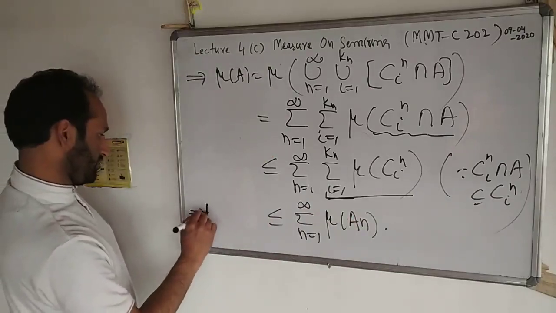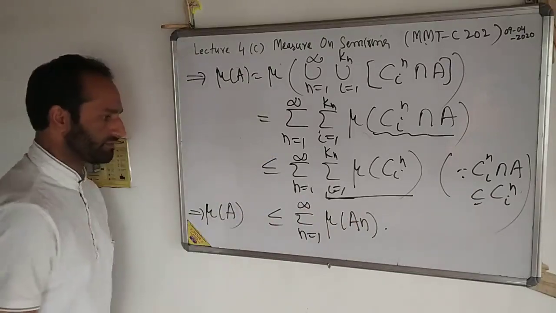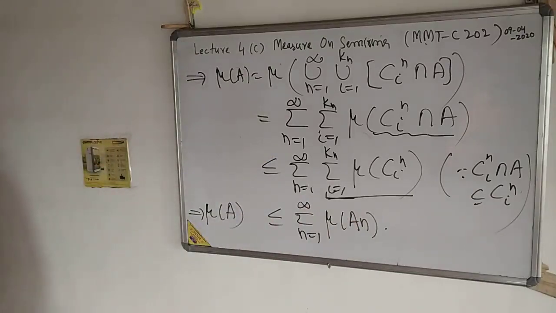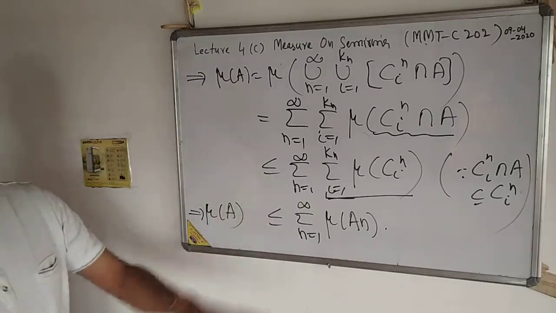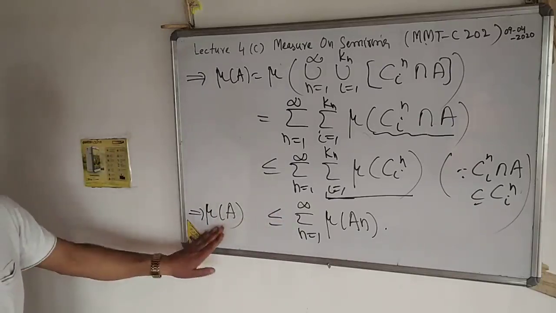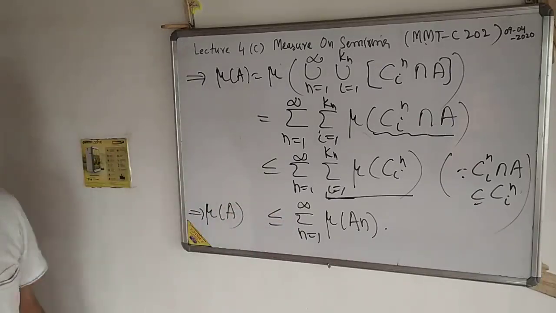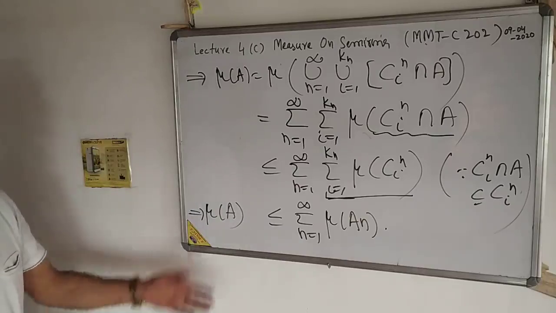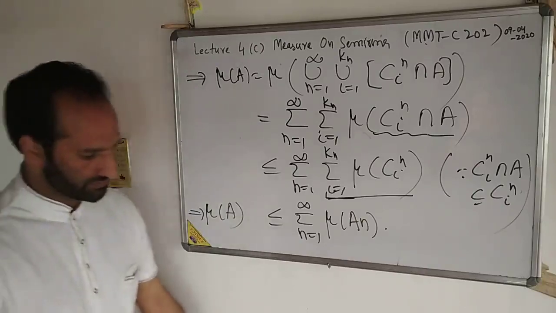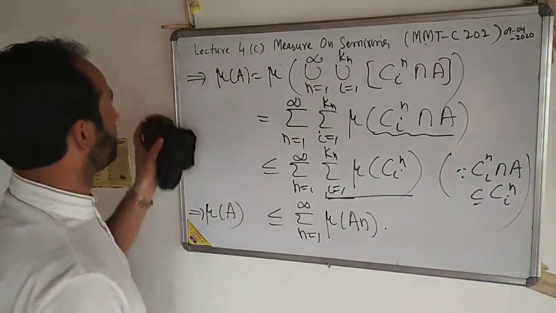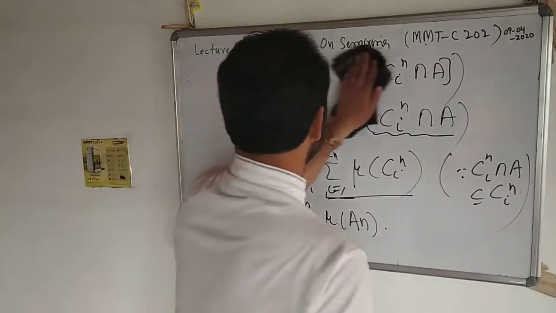It's the third property. Mu of A should be less or equal to summation n runs from 1 to infinity mu of A_n, where A is subset of union A_n, and A and the sequence A_n are taken from the semiring S. So that proves the one way.